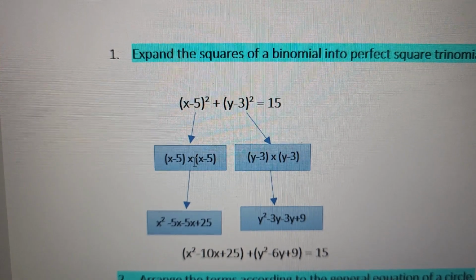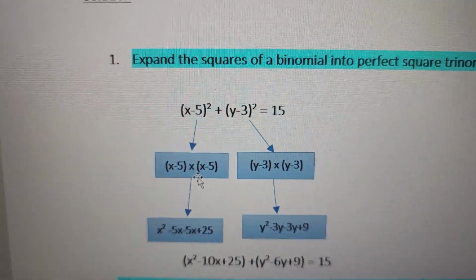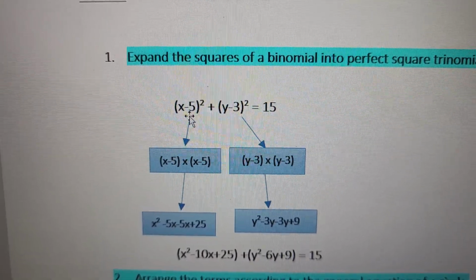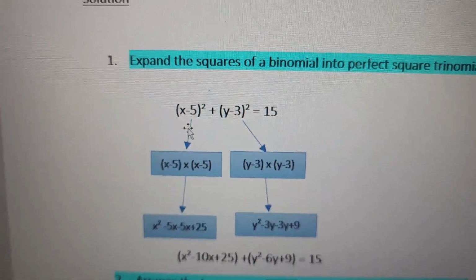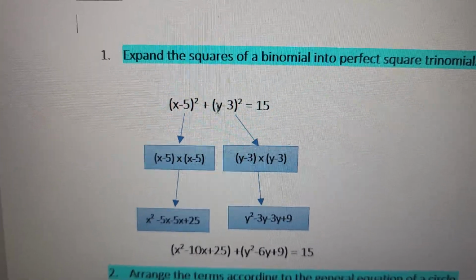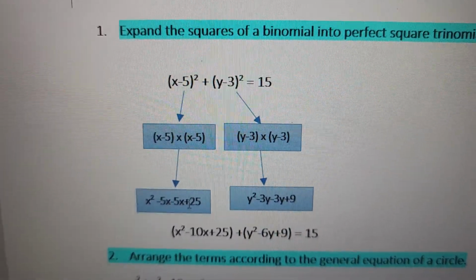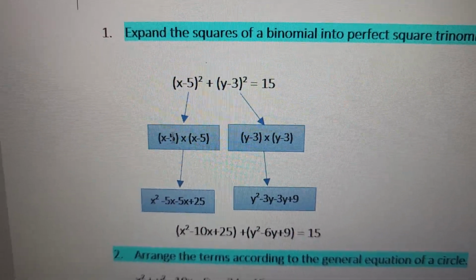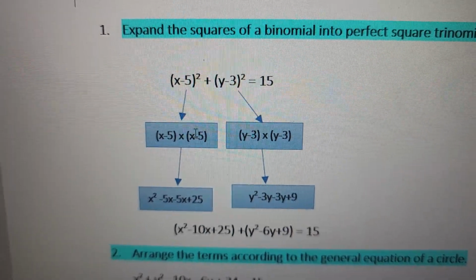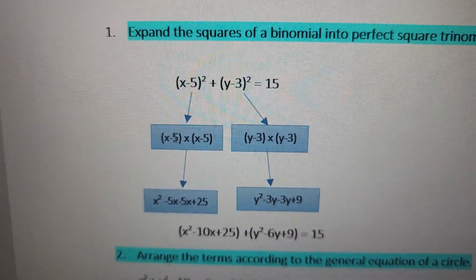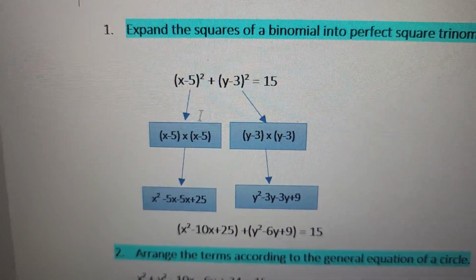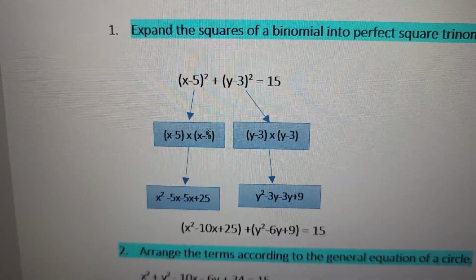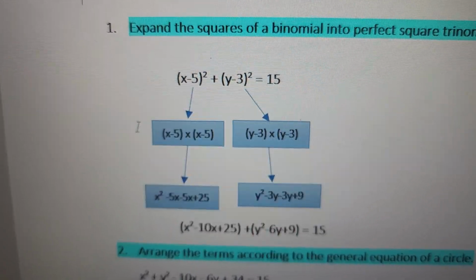Now if we multiply this binomial by itself, we multiply x times x equals x squared, plus negative 5 times x, and then again negative 5 times x.